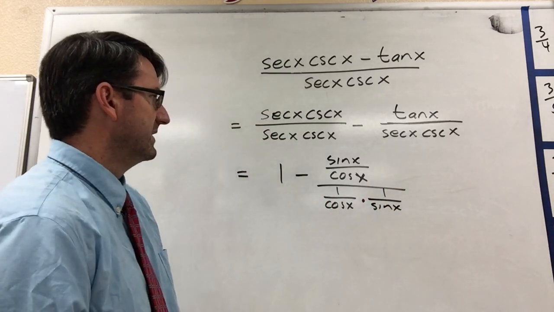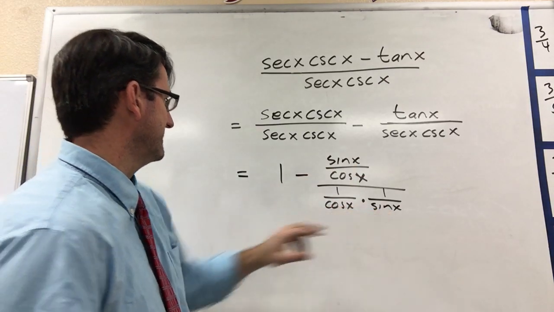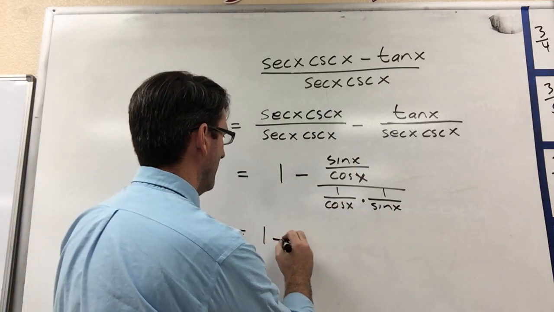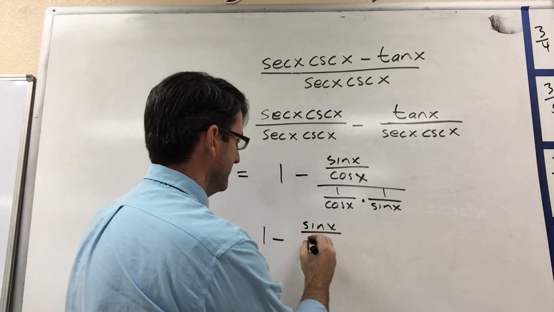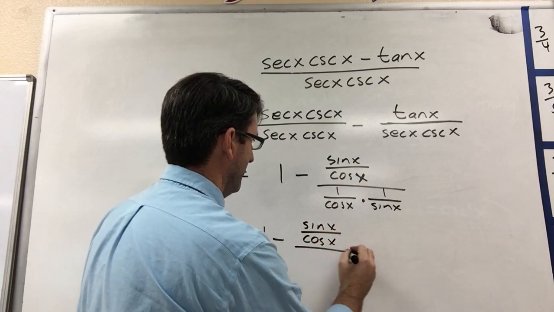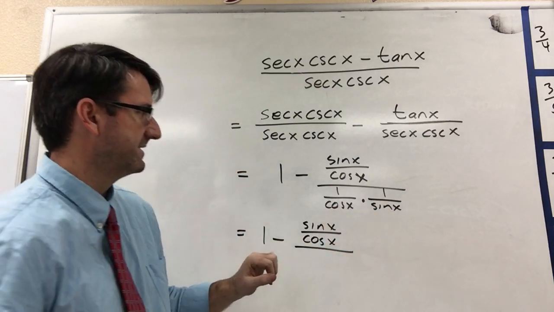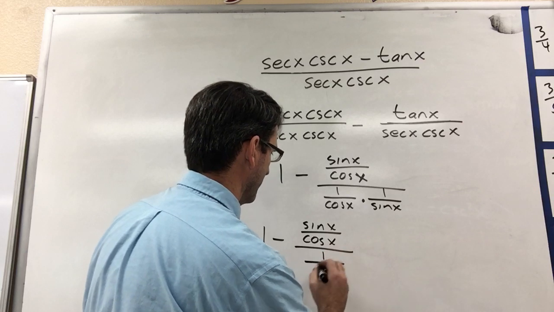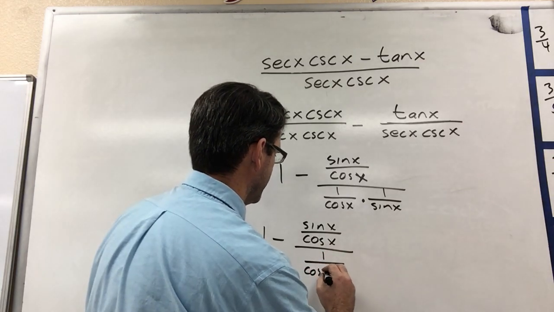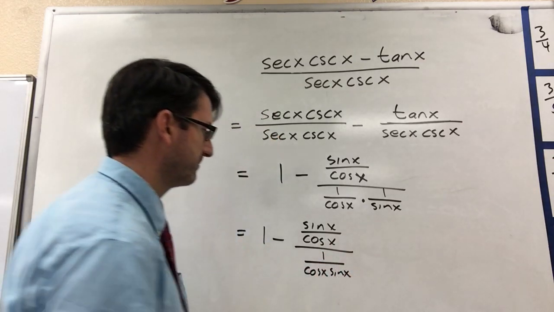All right. So this is ugly. So we've got 1 minus, and let's keep this ugly for just a minute. And let's change this down here. Let's multiply those together. So this is just 1 over cosine x sine x.